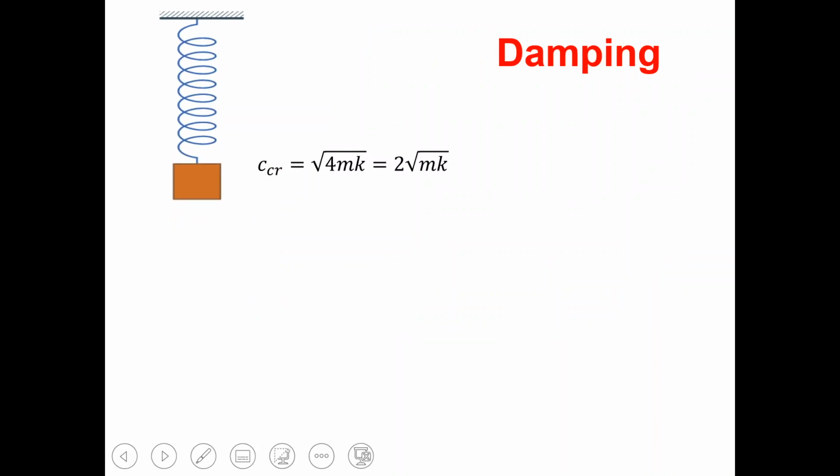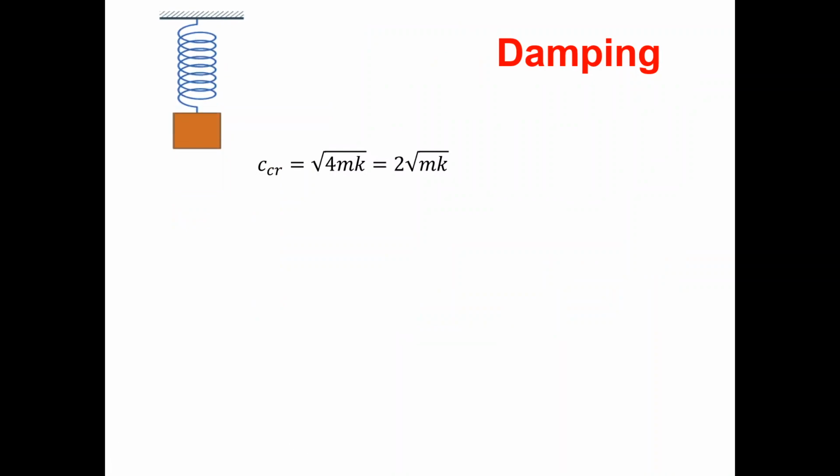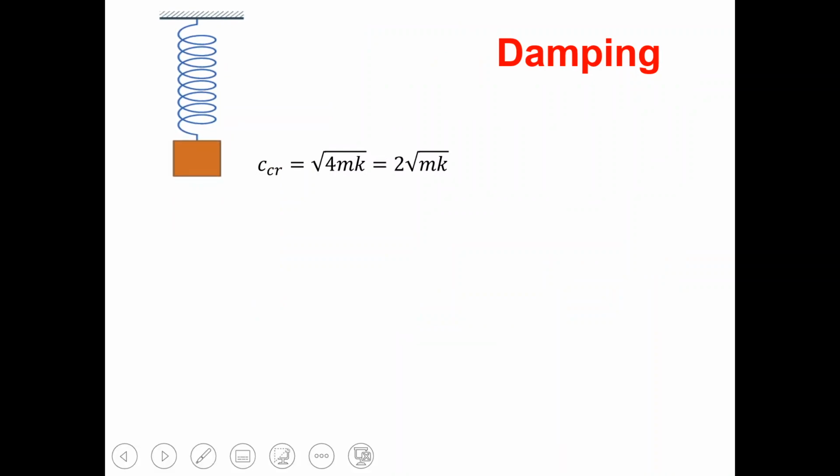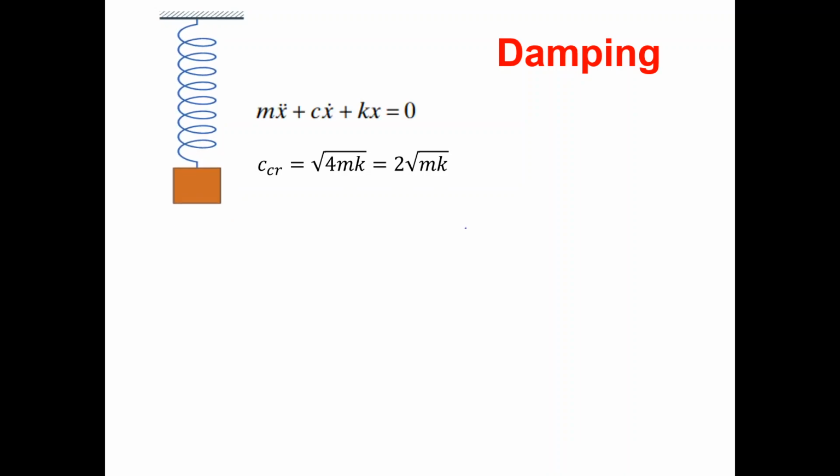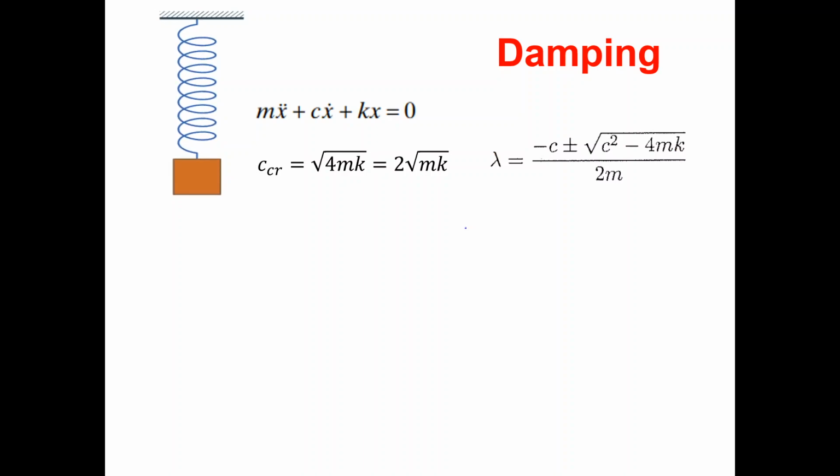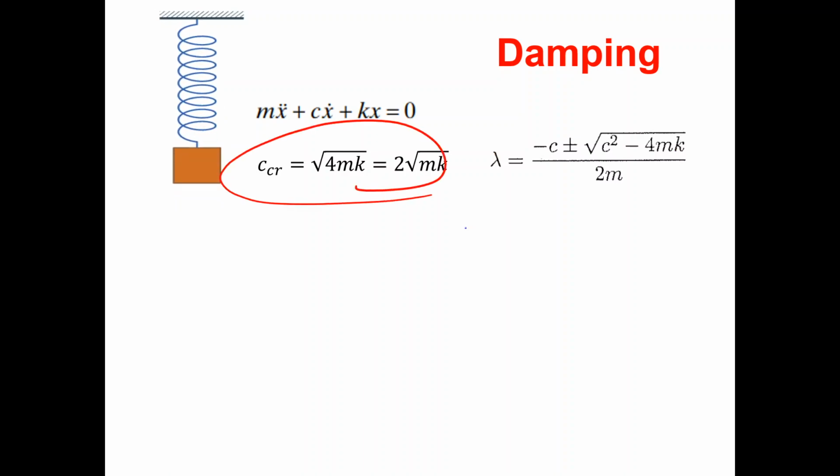Okay. So for damping, we actually have a critical coefficient for damping. We had the general solution, if you recall, and for that general solution, just take this out of this analysis for the time being.